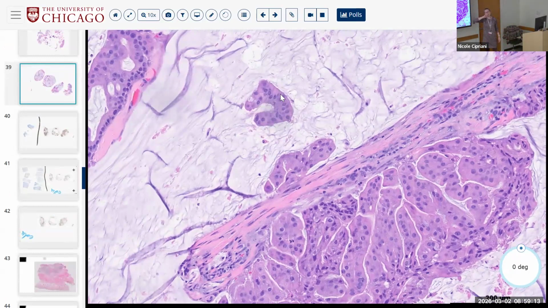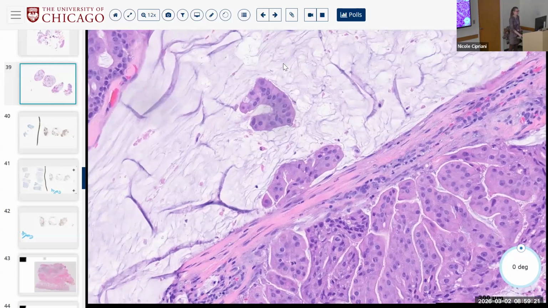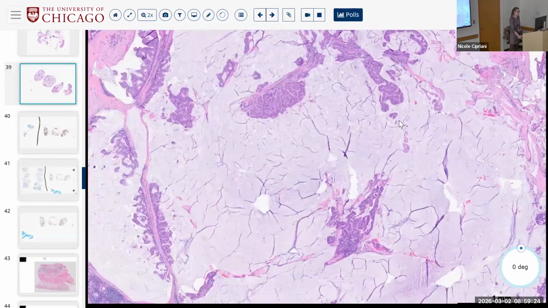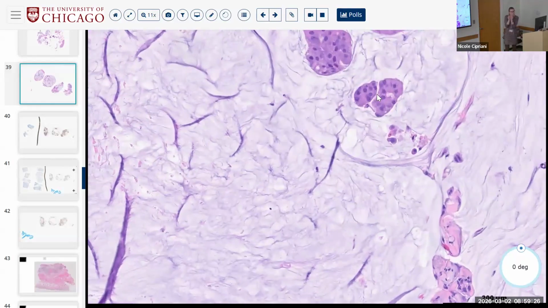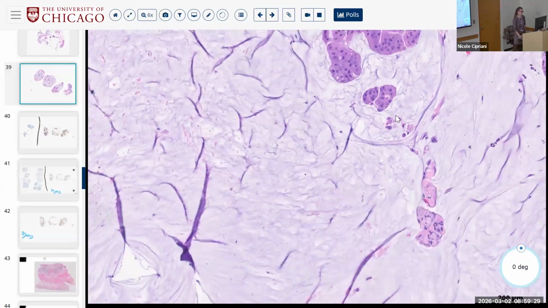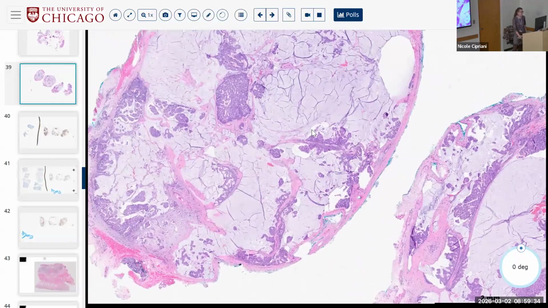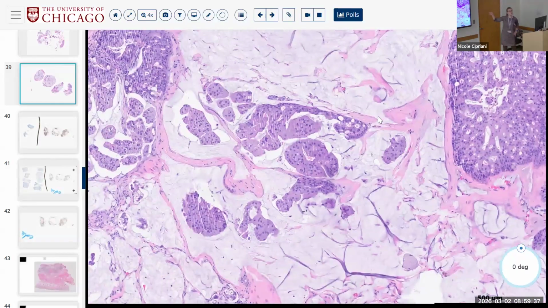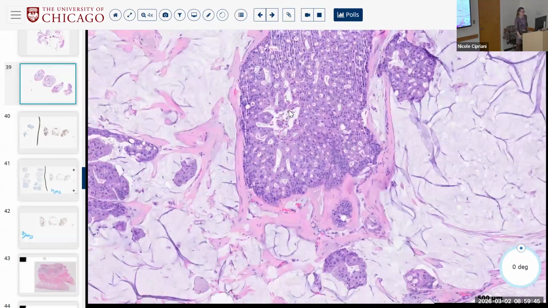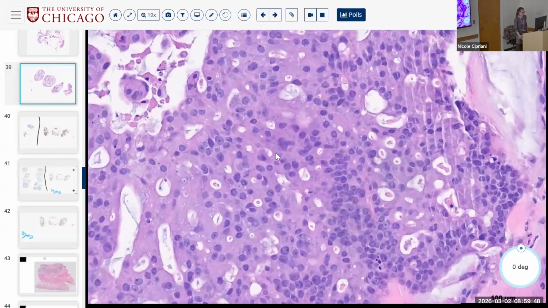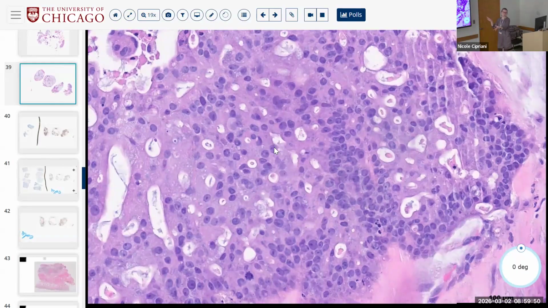So if you were to throw this in, I don't know, the gut, how would you guys call this in a non-salivary site? There's some micropapillary architecture, right? You have these little pieces popping off. Sometimes just mucinous adenocarcinoma, sometimes colloid carcinoma, where there's just things floating in pools of mucin. So in fact, in salivary, this is mucinous adenocarcinoma.